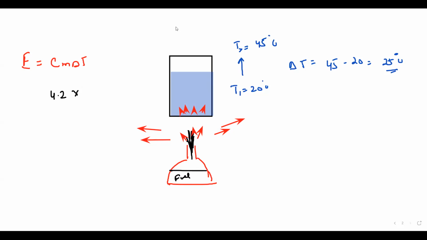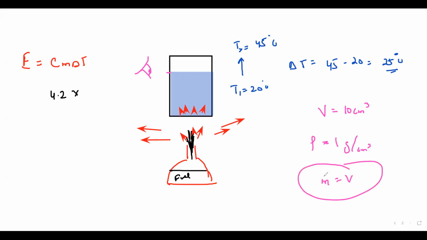Normally, we don't measure the mass, we measure the volume of the water by reading the level. Say for example, the water volume is 10 cm cube. Because the density of the water is 1 gram per centimeter cube, the mass will be equal to the volume, because density is mass divided by volume.